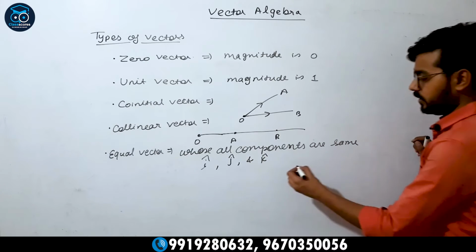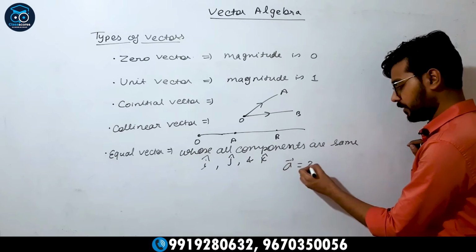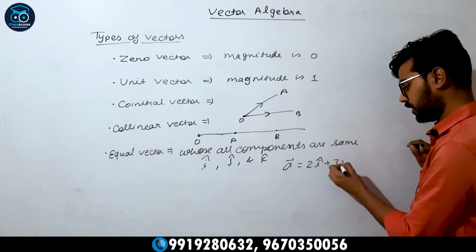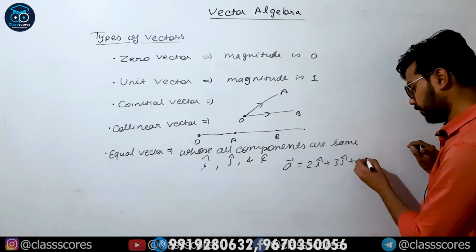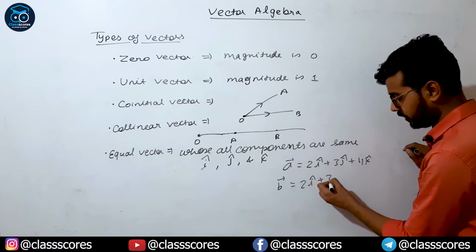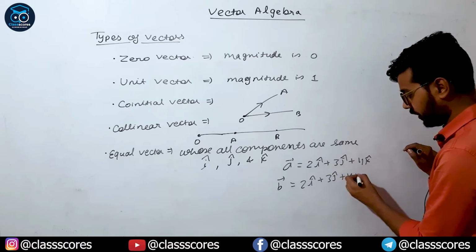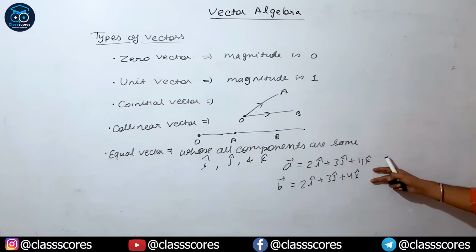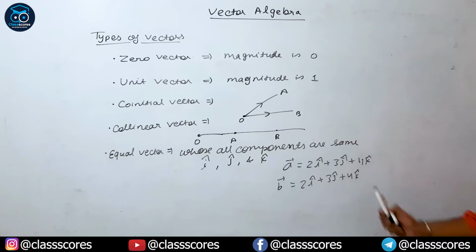For example, if a vector is given 2i cap plus 3j cap plus 4k cap and b vector is given 2i cap plus 3j cap plus 4k cap, this will be considered as equal vectors. If any of the components is different, then it will not be considered as equal vectors.